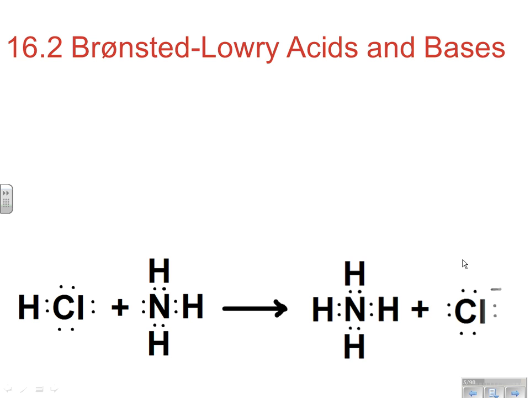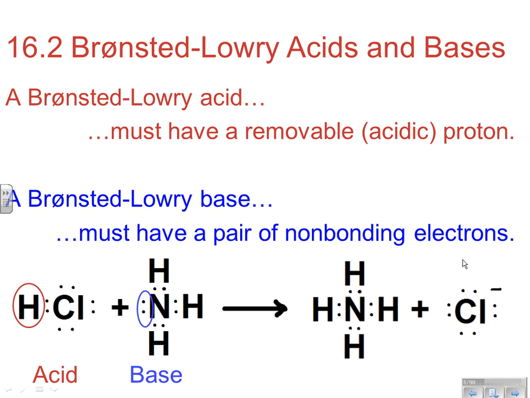It makes OH minus. So ammonia was something that Arrhenius theory couldn't adequately explain, but Bronsted-Lowry theory works very well. So remember, by Bronsted-Lowry theory, a Bronsted-Lowry acid would be a substance that has a removable proton. It's a proton donor. So HCl would give its proton to NH3 at that point right there.